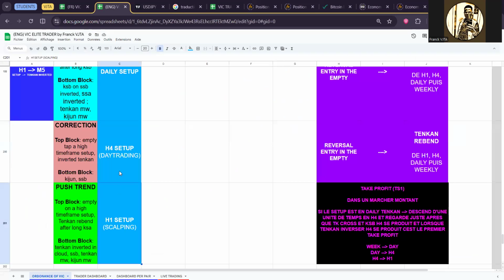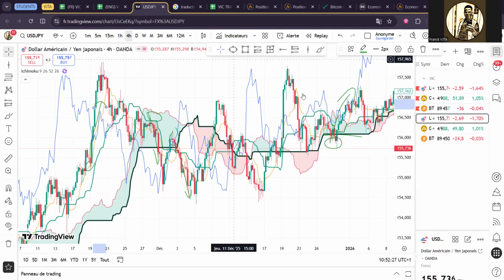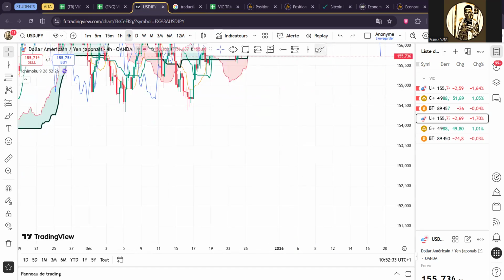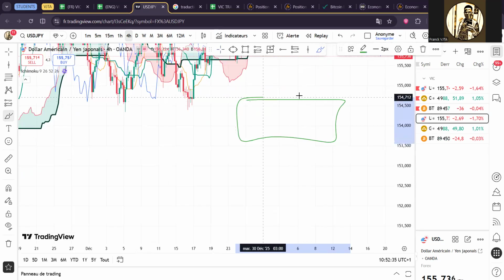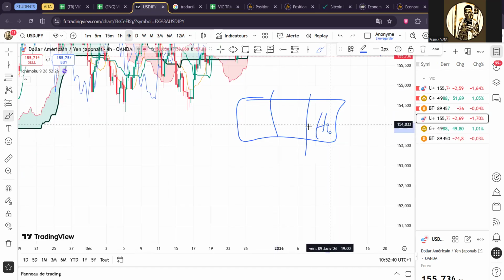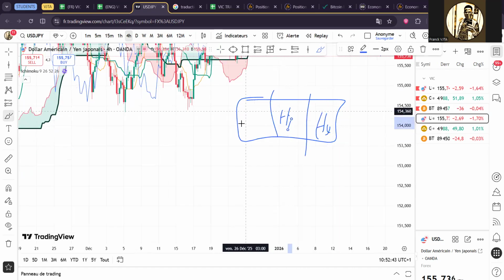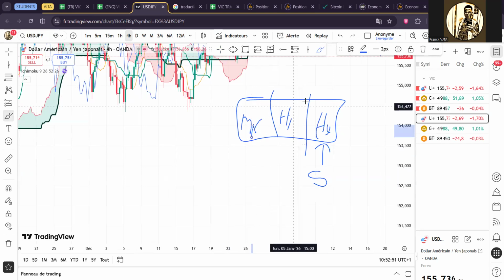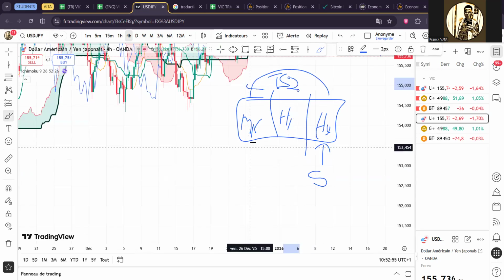So now I want to emphasize one thing: how to be a day trader and a scalper. To be a day trader, you have H4, H1, and M15, right? When you look at the setup on 4 hour, you go on M15 to enter. You do a time frame skipping by 2 to have an entry.